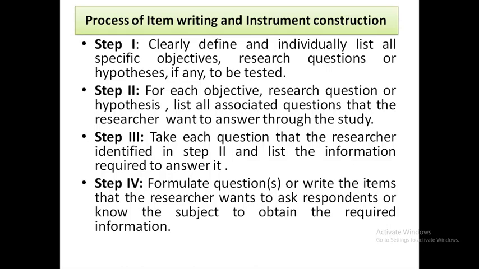So, item writing is a logical process which begins with clear identification of the problem, then setting the objectives, framing the research questions, and after that determining whatever information is required to answer those research questions, and based on that, the questions or the items need to be framed or constructed.